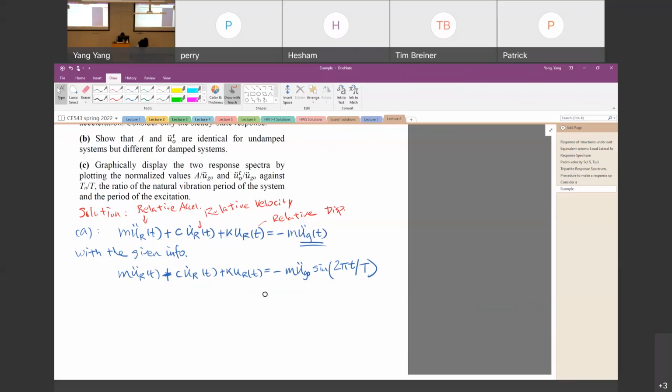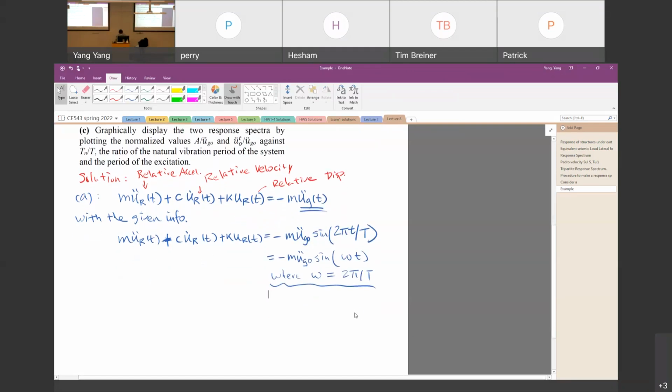So let's say it equals, where omega is equal to 2 pi over T. So omega is the frequency of the excitation, other than the period of the excitation.